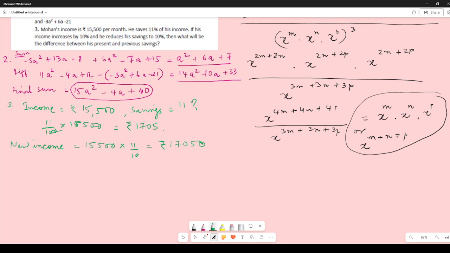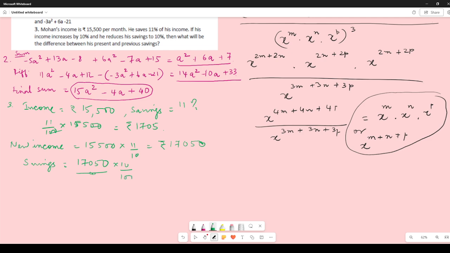He reduces his saving to 10%. Earlier he was saving 11%. Now his savings are 10% of 17050.